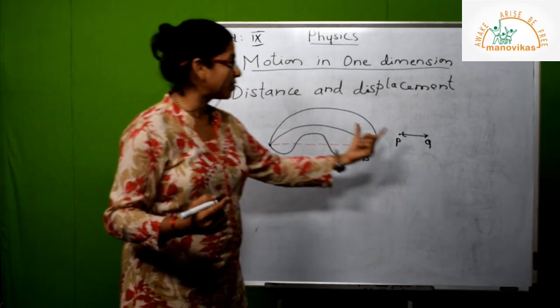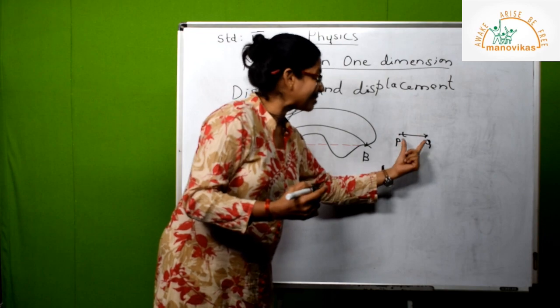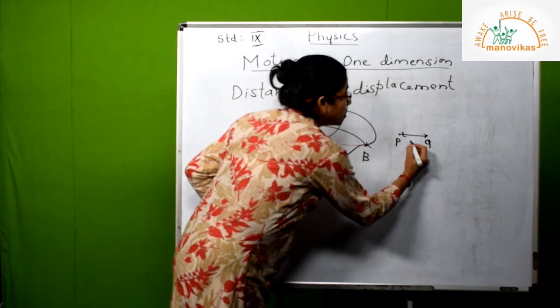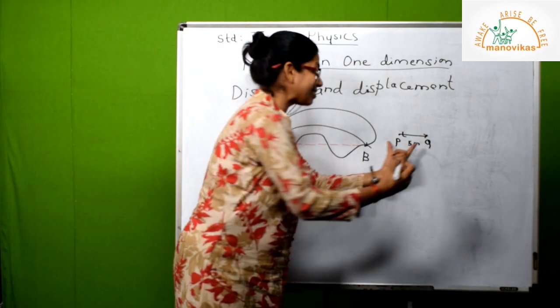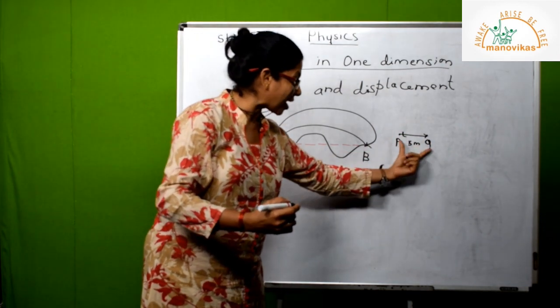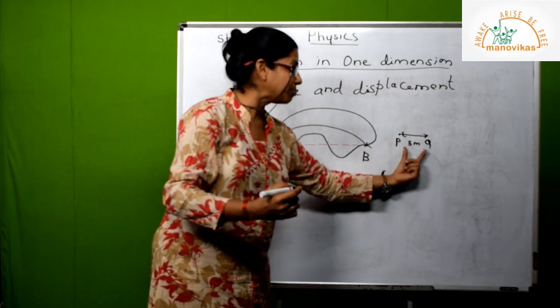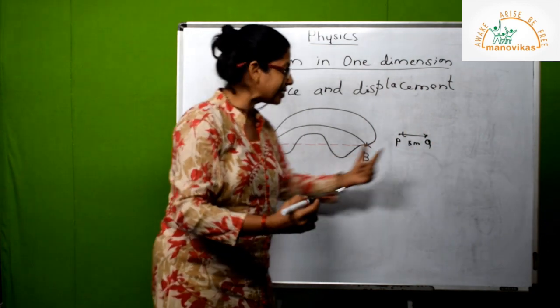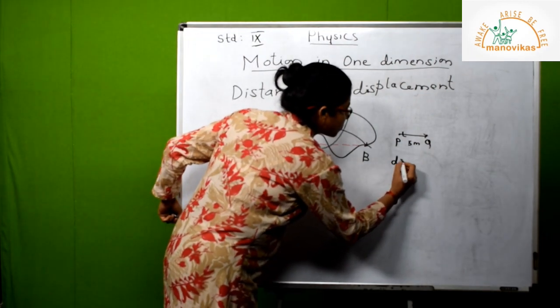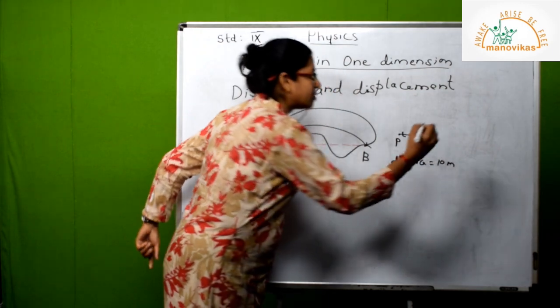So you have to travel from P to Q. Suppose this is 5 meters, and then you have to come back to reach point P. So 5 meters to go and 5 meters to come back, so it becomes 10 meters. So distance is 10 meters.